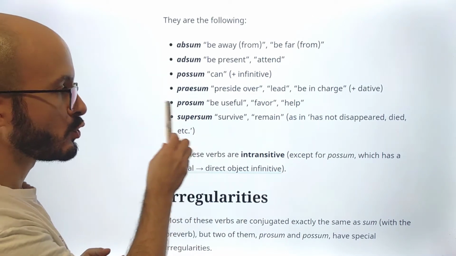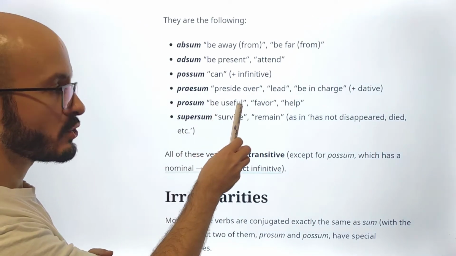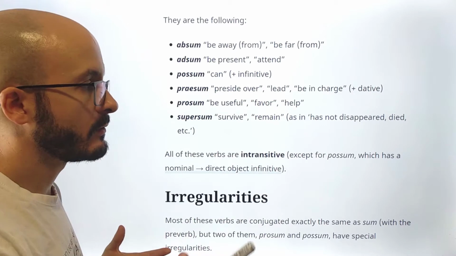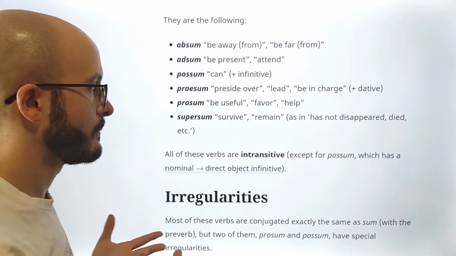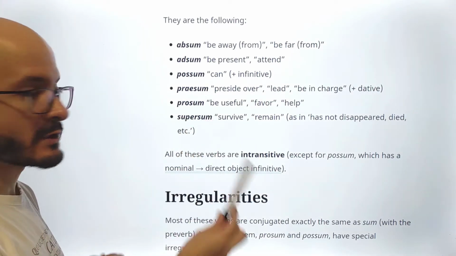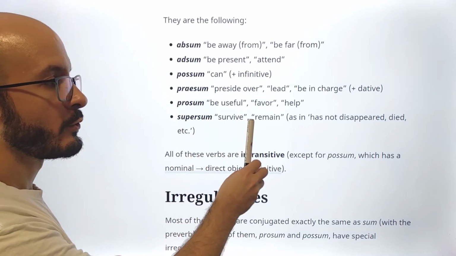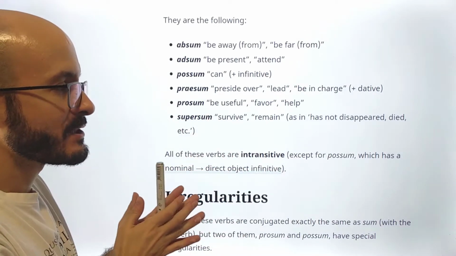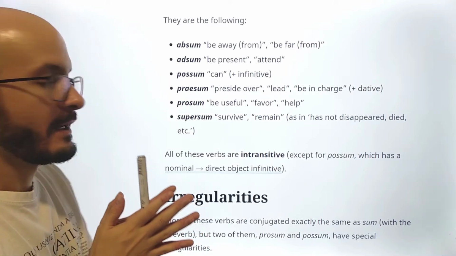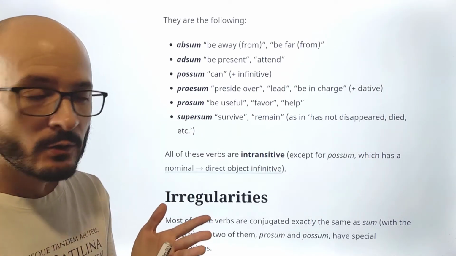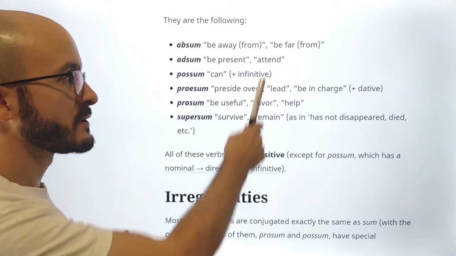Then prosum, which is be useful or favor or help someone. And the last one that we are going to study is supersum, which is survive, remain, as in has not disappeared, died, etc.